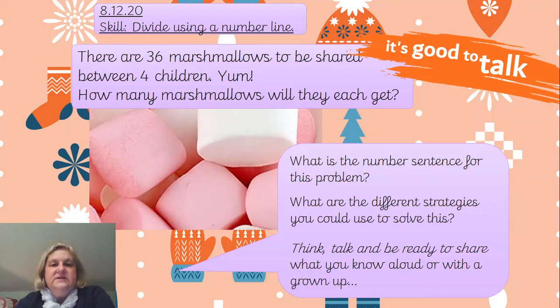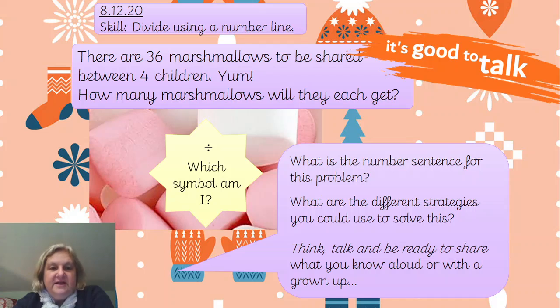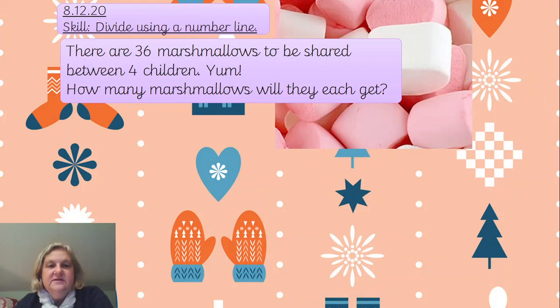So 36 divided by 4 would be 9. And we've got that little symbol. What's this symbol here? What does that represent? It is the dividing by sign.